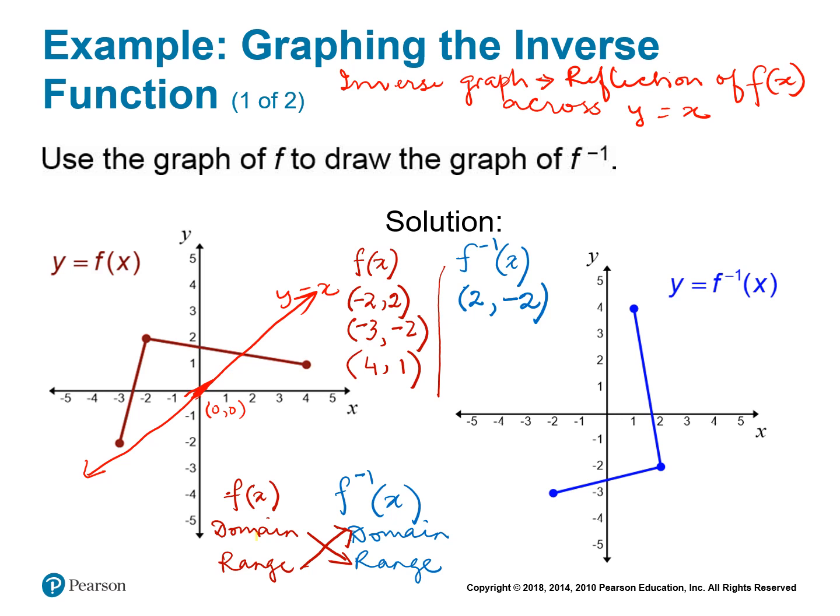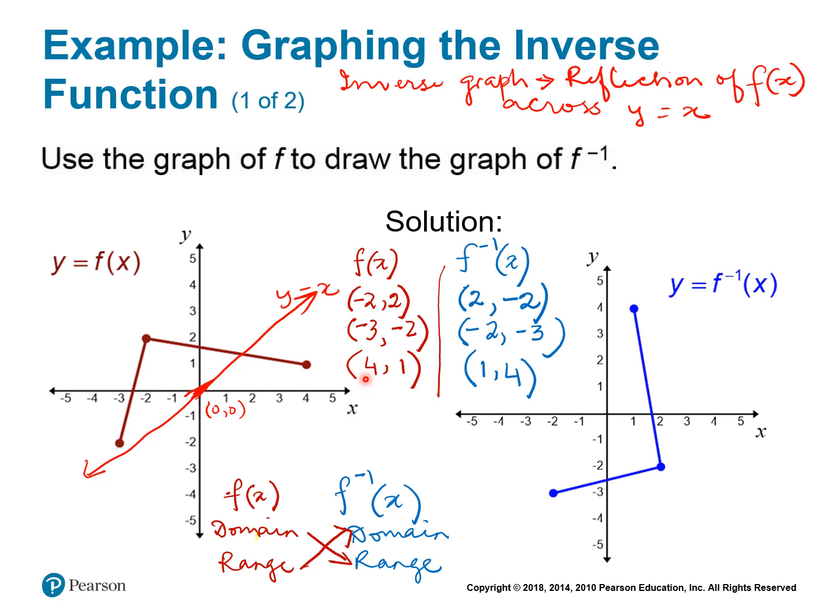So what was -2, 2 in the original function is 2, -2 in the inverse function. Then for the next point, it's -2, -3, right? And then we have 1, 4 for the last point here. As you can see, we switched the x and the y coordinates.